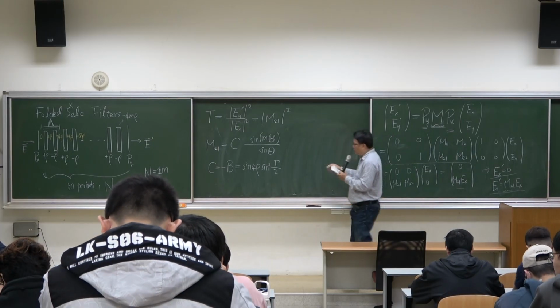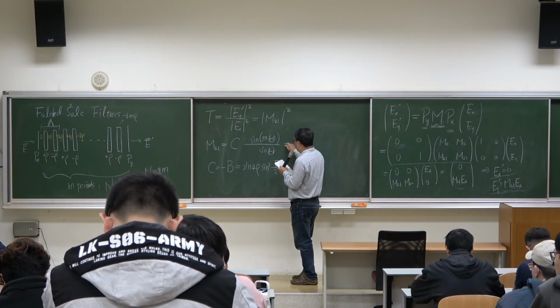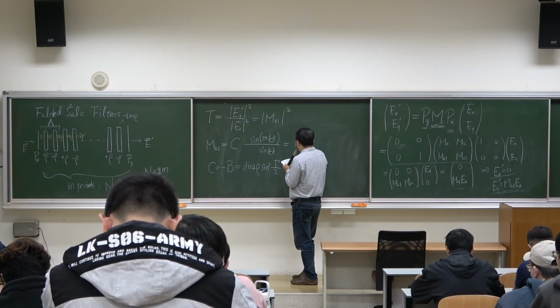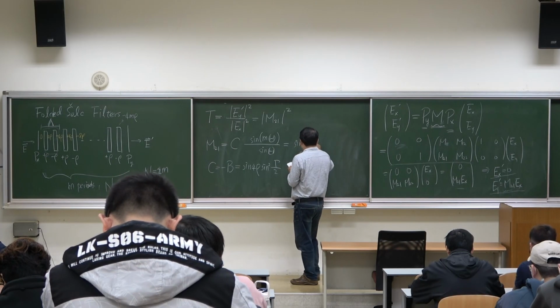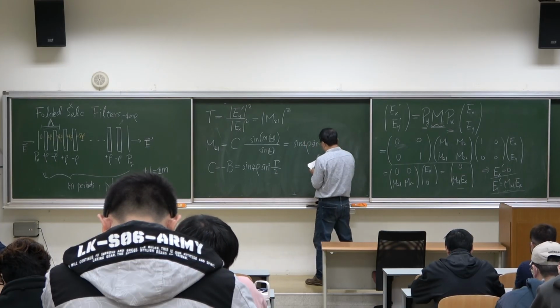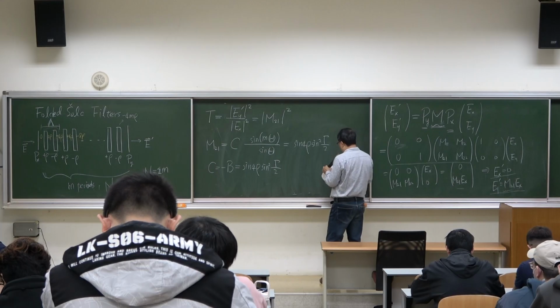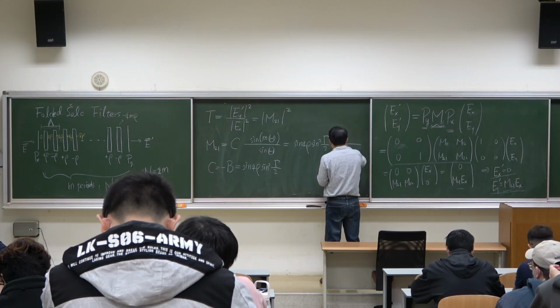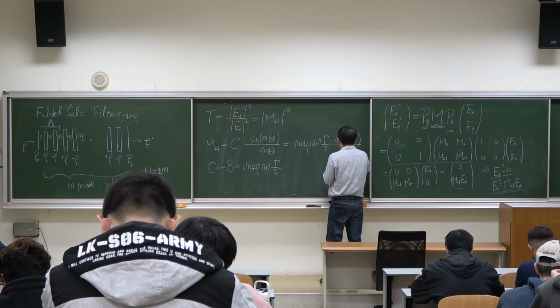So we substitute this here. Sine 4 rho sine square half gamma times sine M theta over sine theta.